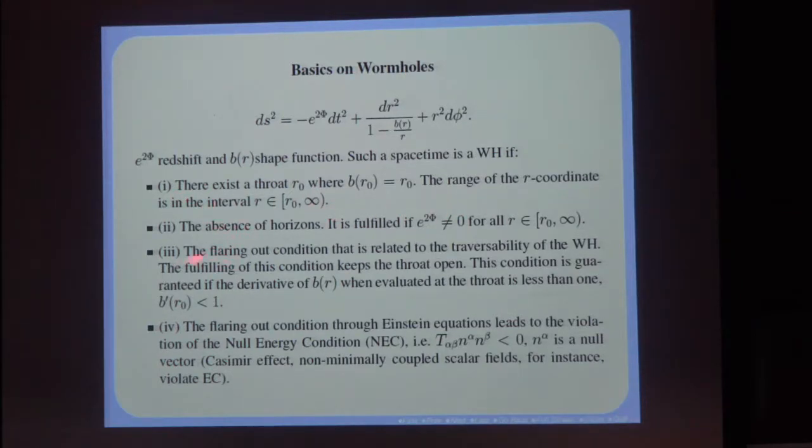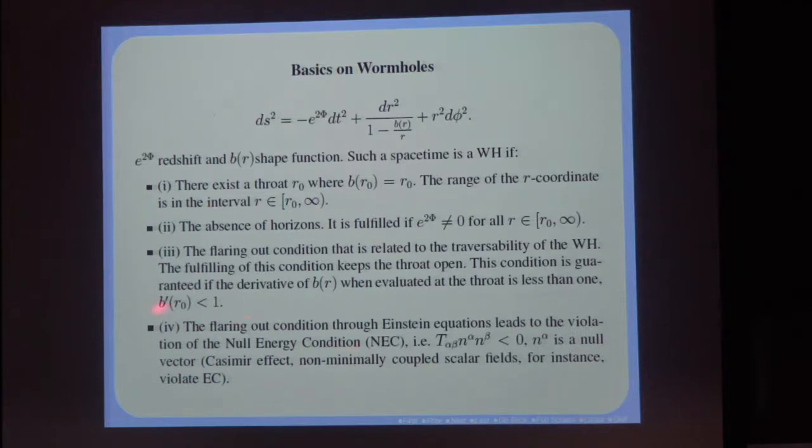Another characteristic of a traversable wormhole is the condition that the throat keeps open. So if this is fulfilled, then this throat will keep open. And this condition is related to the violation of one or more energy conditions.